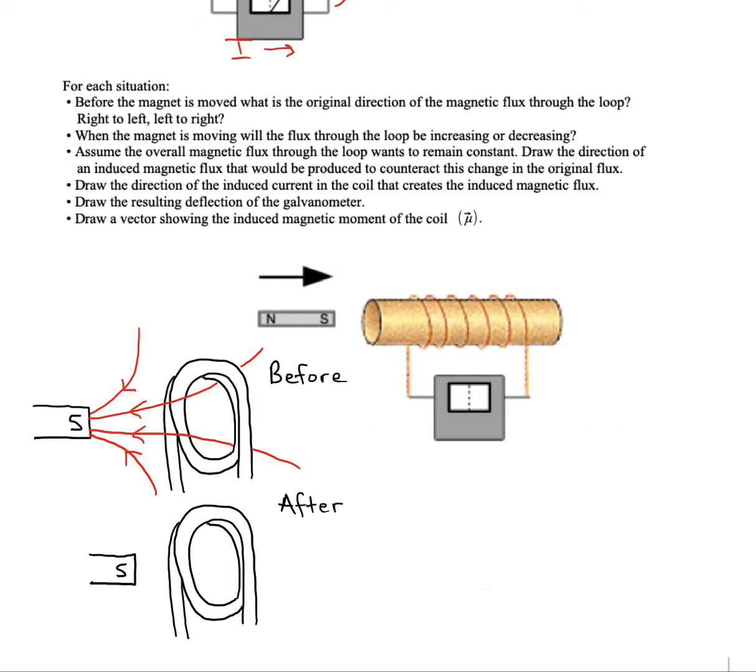And in the before case, there could be a small number of magnetic field lines penetrating through that loop. But when we analyze what happens as time goes on, the magnetic field is now going to be stronger through the loop because the magnet has gotten closer.